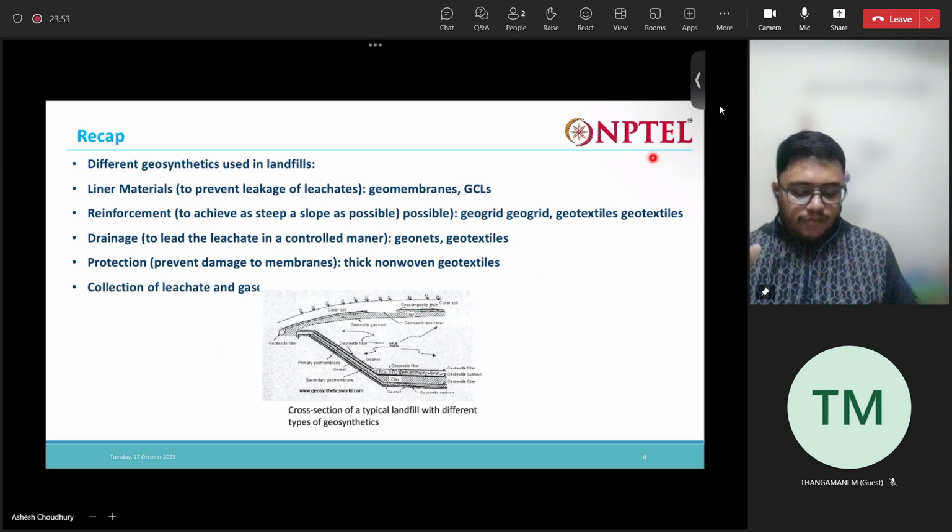And also the collection of leachate and gases. Some gases develop in the waste mass, so we need to collect and drain that gas also. These geosynthetics also help in that purpose.